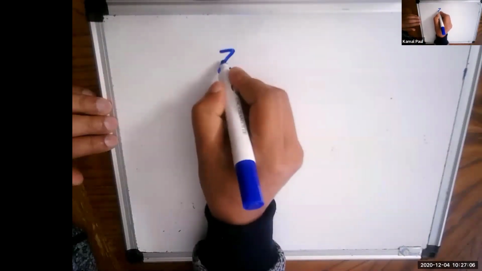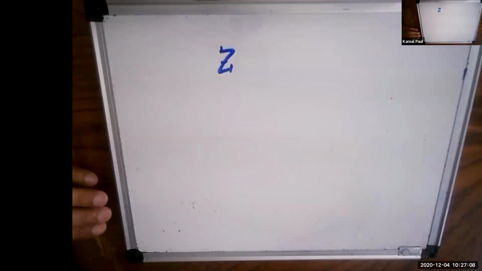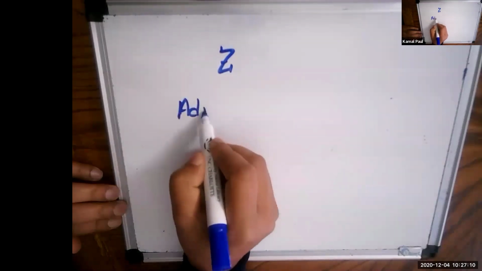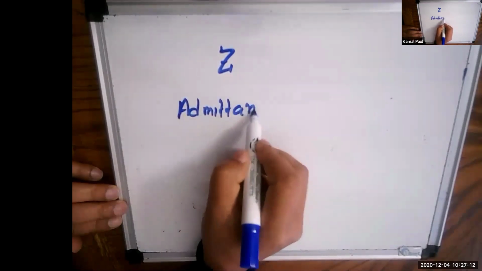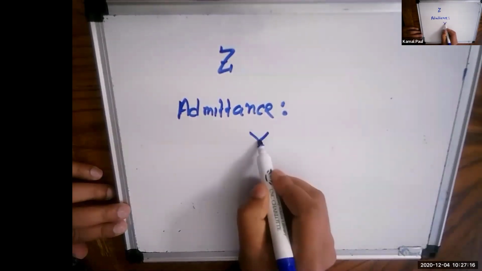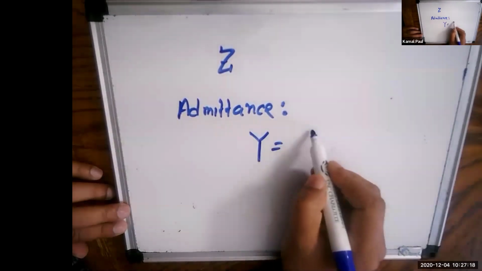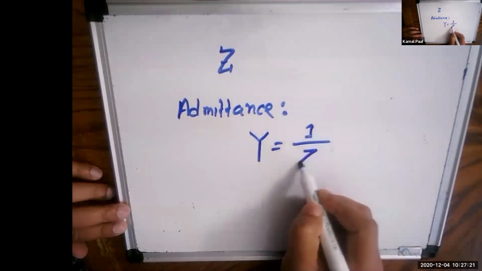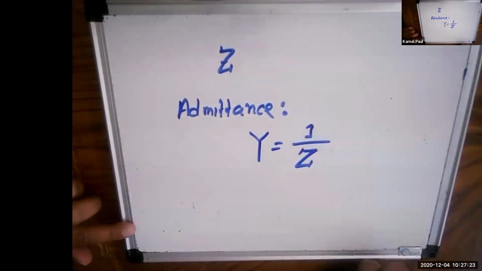So far we know the impedance. We already know what impedance is. Now another thing is admittance. What is admittance? Admittance we represent with Y, which is kind of the opposite of impedance.